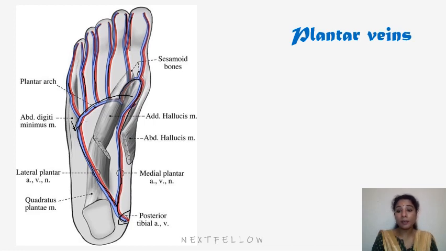The venous arch continues to form medial and lateral plantar veins, which run along with the corresponding arteries, and they communicate with the long and short saphenous veins before forming the posterior tibial vein. The medial plantar vein communicates with the long saphenous vein, and the lateral plantar vein communicates with the short saphenous vein before terminating as posterior tibial veins, which accompany the posterior tibial arteries.